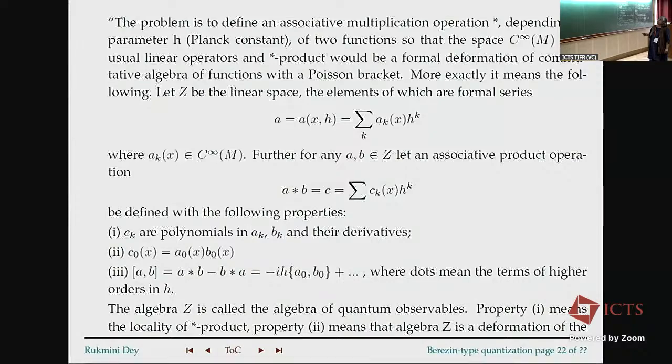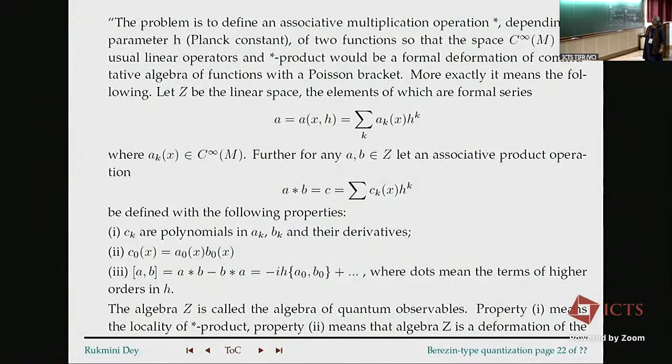Z is a linear space with elements of this form, where the a_k(x) are in C infinity M. For any two such objects, let an associative product operation be defined as c = summation c_k(x) h to the k, defined along with the following properties.